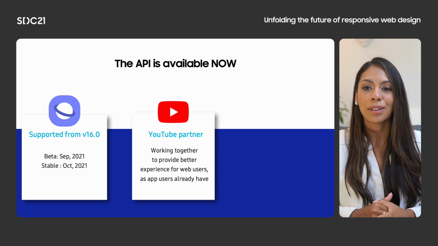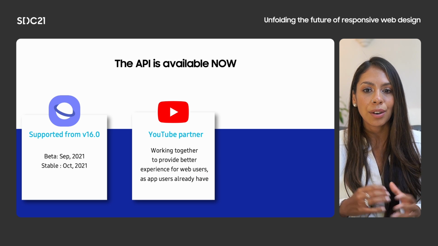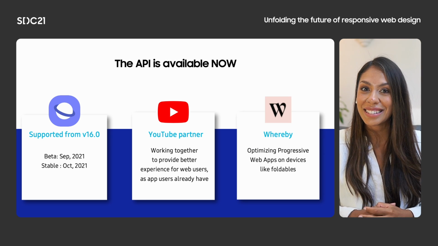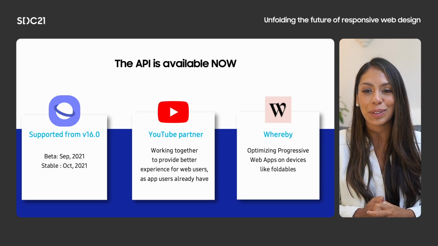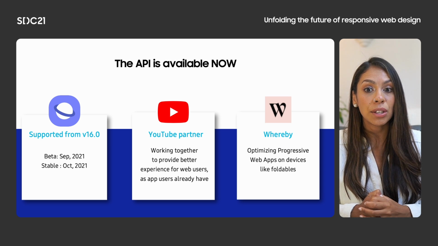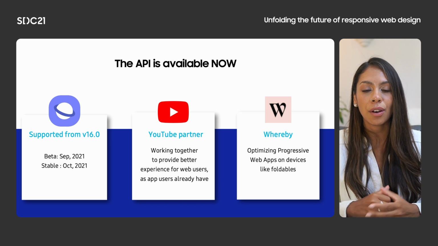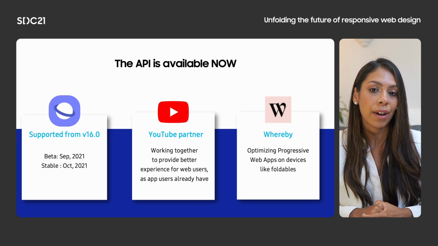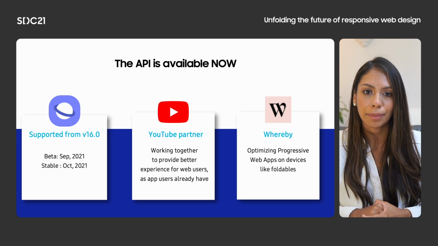We're working together with YouTube to provide a better user experience for web users on foldables. And as we were talking about video calls, we are also collaborating with Whereby, a web video meeting platform with millions of users, so we can optimize its progressive web app together on foldable devices.